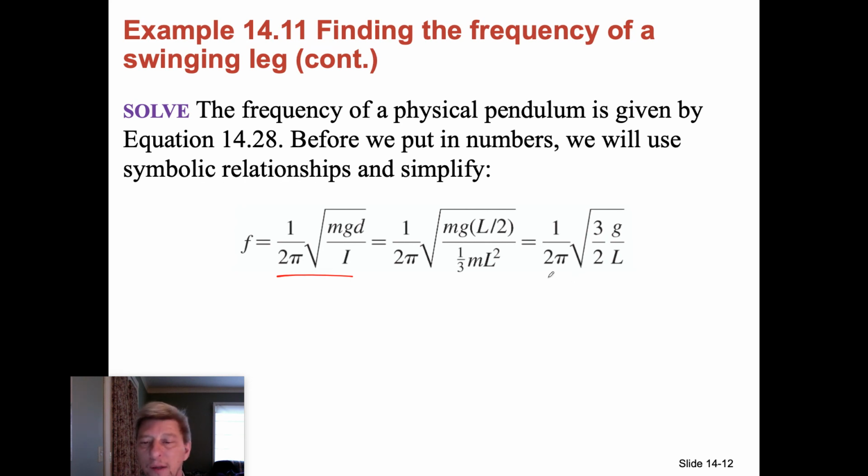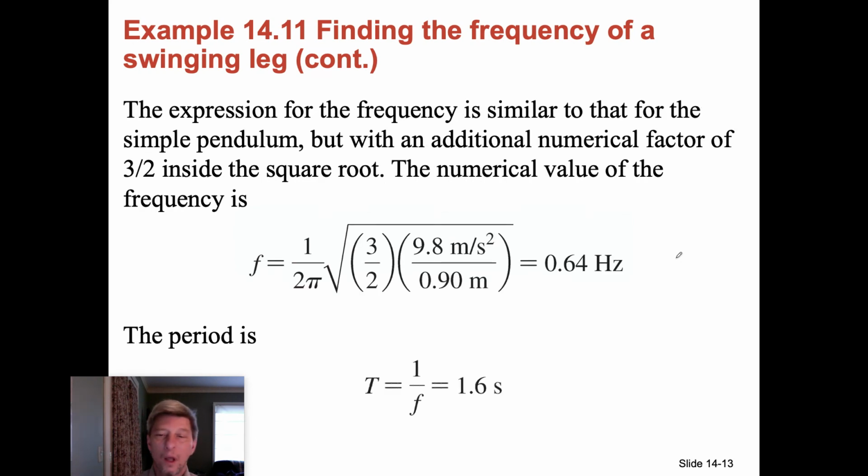And so the final formula for this particular case is going to be 1 over 2 pi times the square root of the quantity 3/2 times g over L. Now we just plug and chug. The expression for the frequency is similar to that of a simple pendulum, but with the additional numerical factor of 3/2 inside the square root. And therefore, the numerical value of the frequency turns out to be 0.64 hertz.